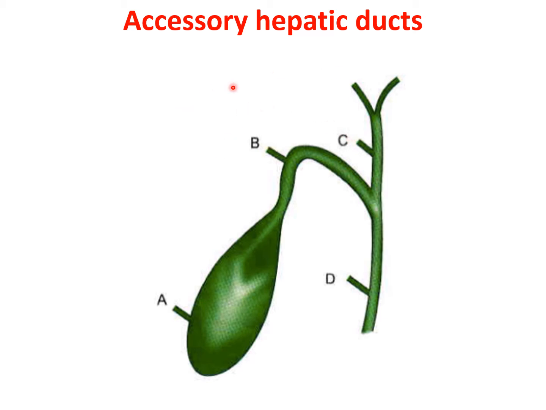So this accessory hepatic duct may terminate either in the gallbladder or in the cystic duct or in the common hepatic duct or even in the common bile duct. Because it drains a normal segment of the liver, it leaks bile if inadvertently cut during surgery. Hence, its presence should be kept in mind.